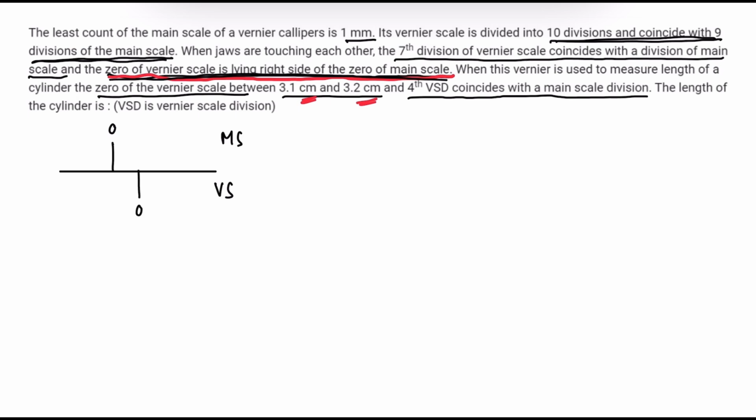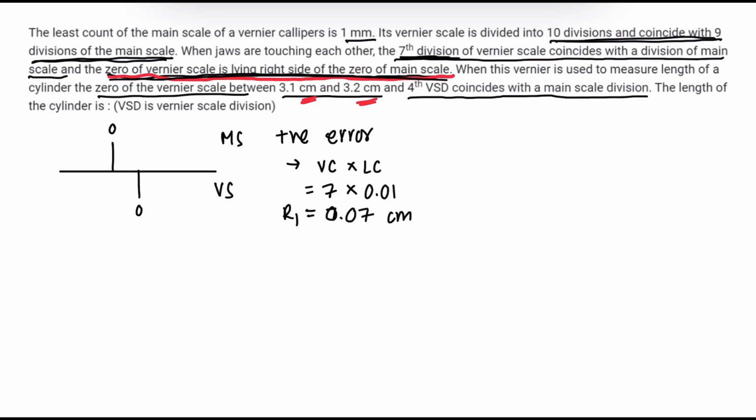So this is already showing some positive reading, and hence we call this a positive error. The error is the vernier coincidence times the least count, which is 7 in this case, times 0.01. That is 0.07 centimeters. So that's R1, our positive error in this case.